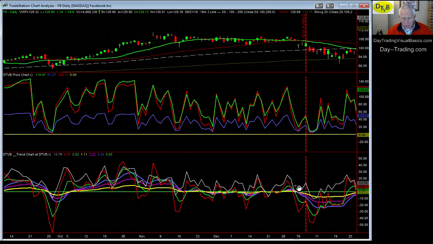And so just so that you identify, or let me point out this as well. This is a pattern in which all three of the trend trio lines are down, and all three of the narrow trend lines are up.